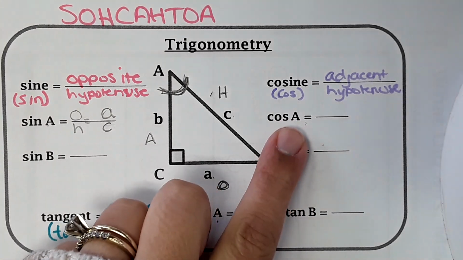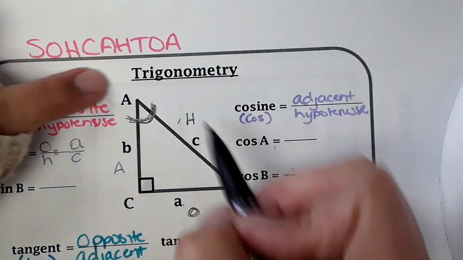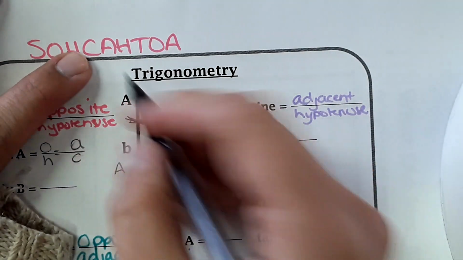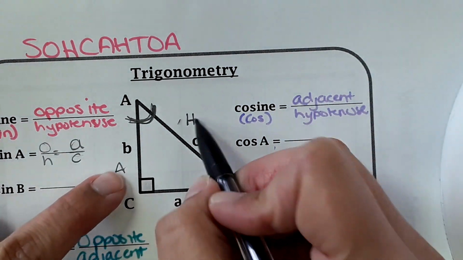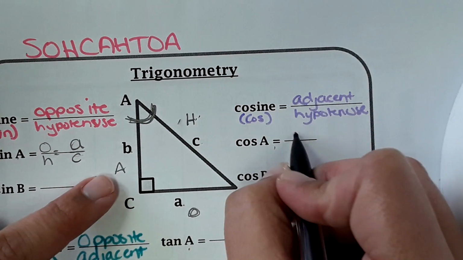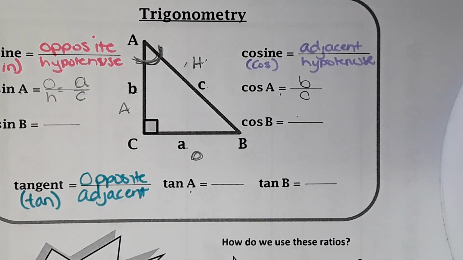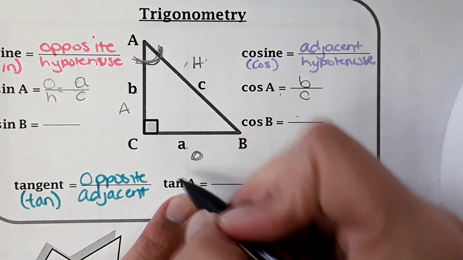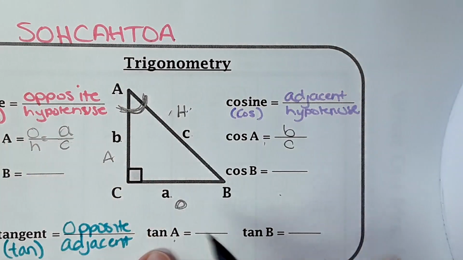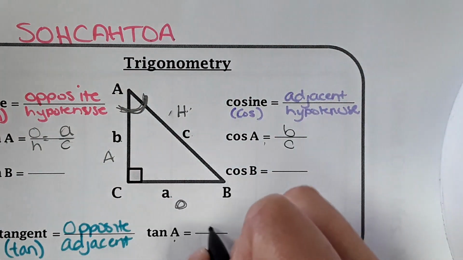Then cosine of A, cosine is adjacent over hypotenuse, which would be B over C. Then tan of A, opposite over adjacent, would be A over B.